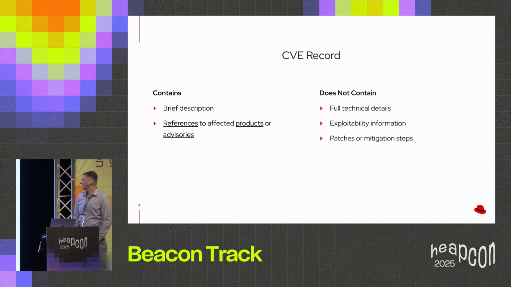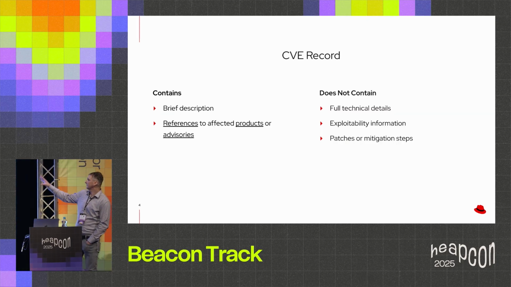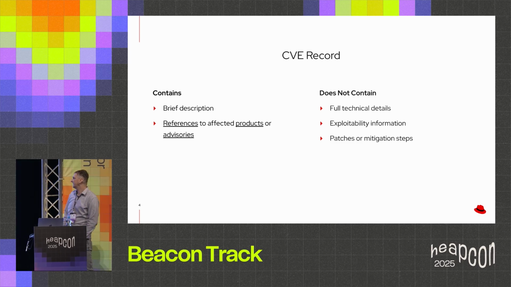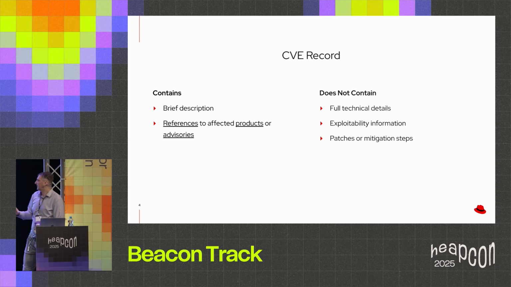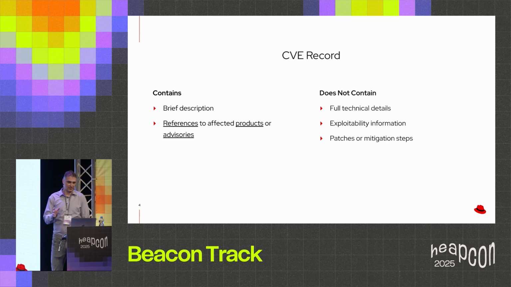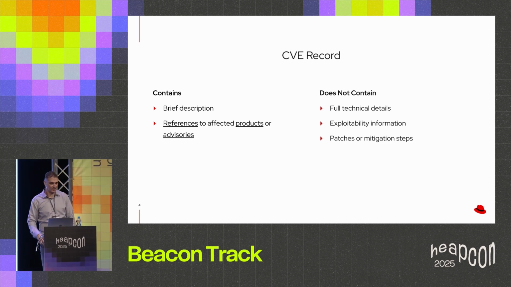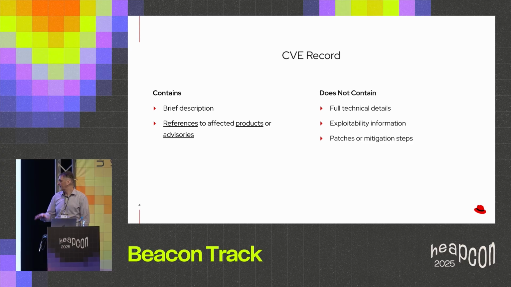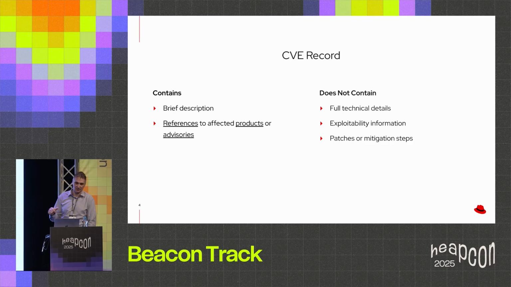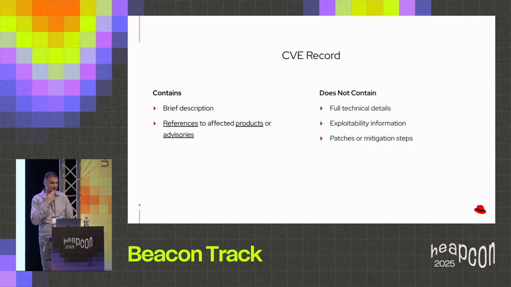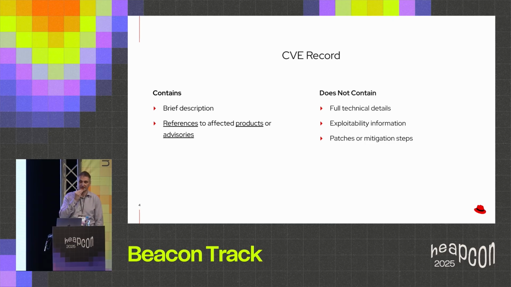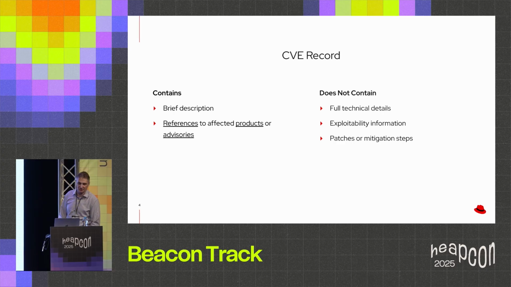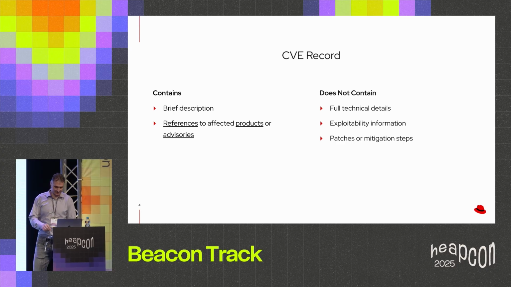So now we have an ID, we published it, and the base record of the CVE contains only a few details, on purpose. It's a brief description of the vulnerability and references to affected products and other security advisories that explain more about these vulnerabilities. So there are no technical details or exploitability or mitigation information at this phase, right?